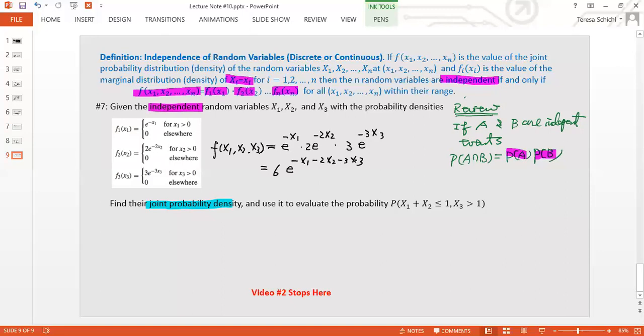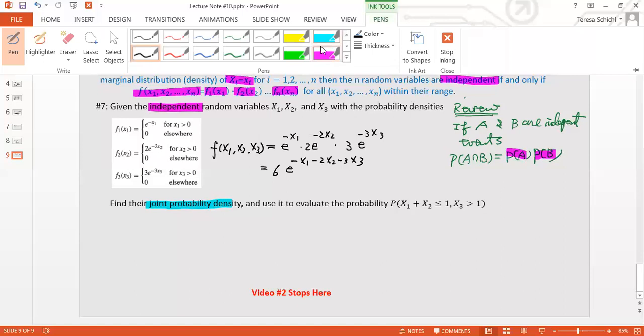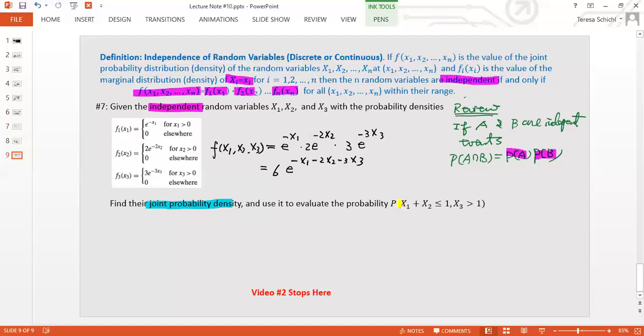Okay, now I'm going to find the probability. Here we have a little bit of a catch. We need to be very careful here because they did not just give you each individual range. They said x1 plus x2 has to be less than 1, and X3 has to be greater than 1. So this is their domain, right?